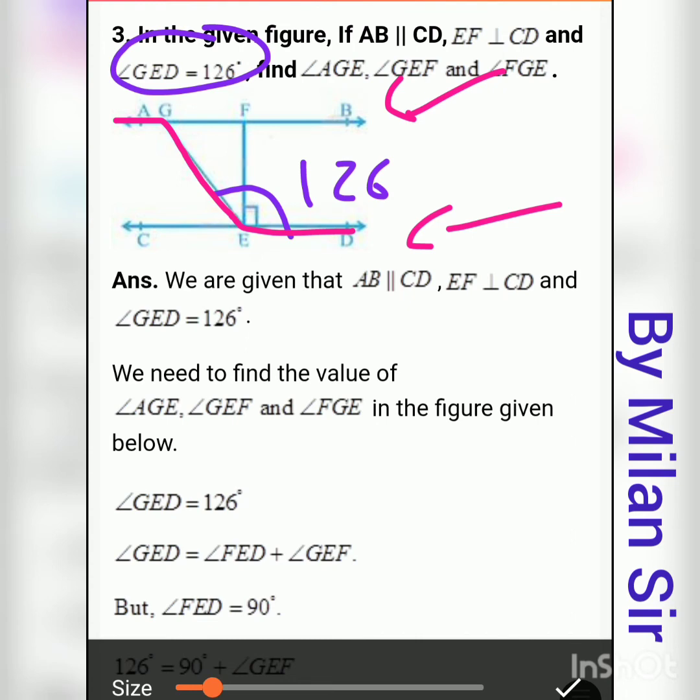But here it is given that these two lines are parallel. So here we have one Z. So this angle and this angle both are equal. Alternate interior angles are equal. So this angle has the value 126. So directly we can find the value of AGE. It is 126.